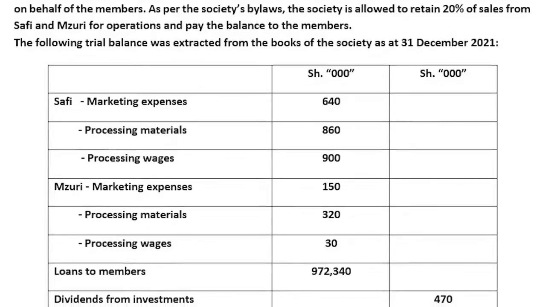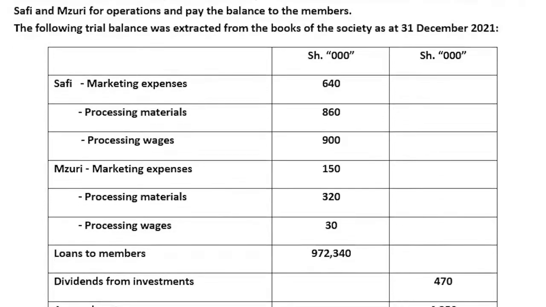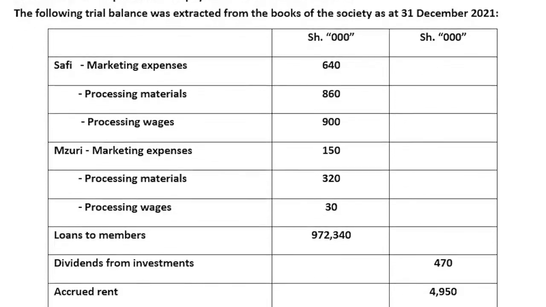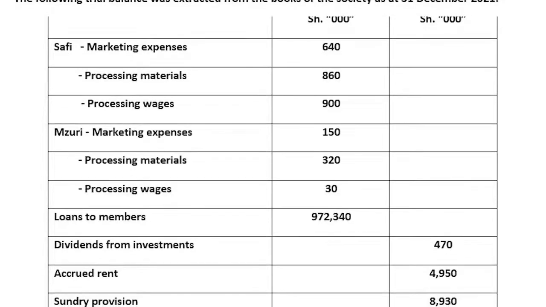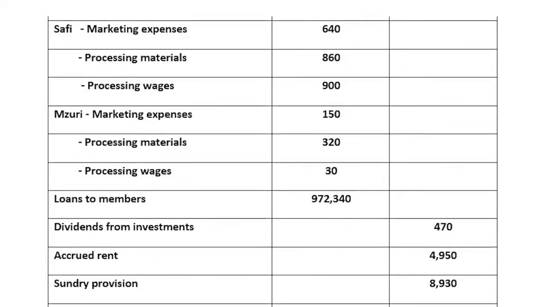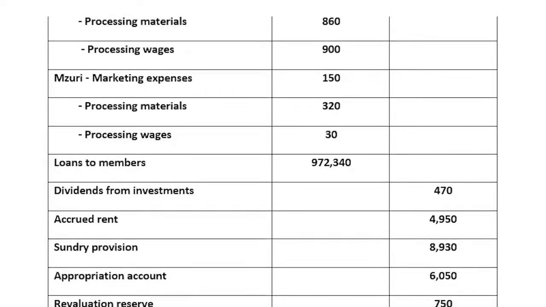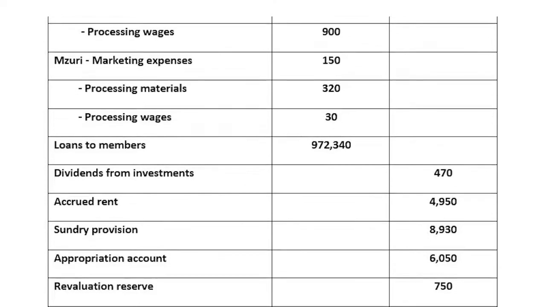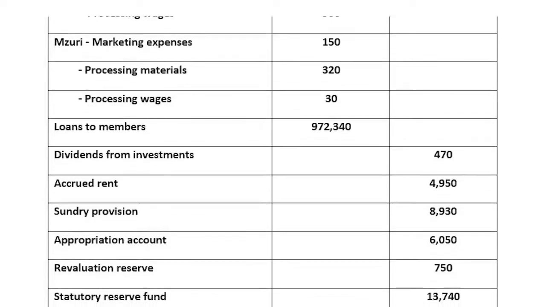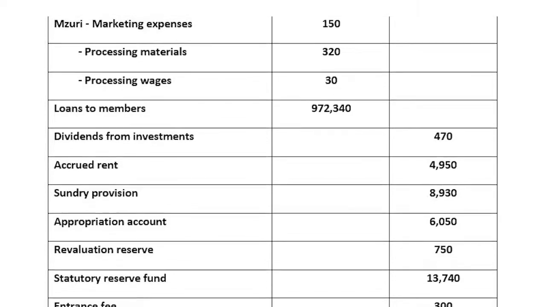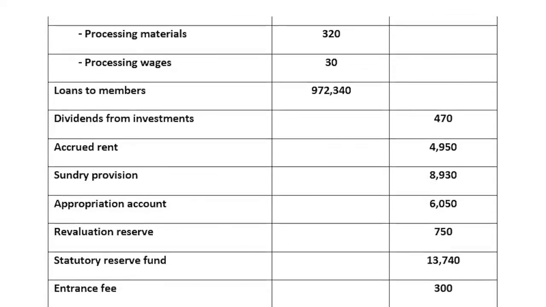We have expenses relating to Safi, which include marketing expenses, processing materials, processing wages, and then we have expenses relating to Mzuri, which include marketing expenses, processing materials, processing wages. Then we have loans to members.